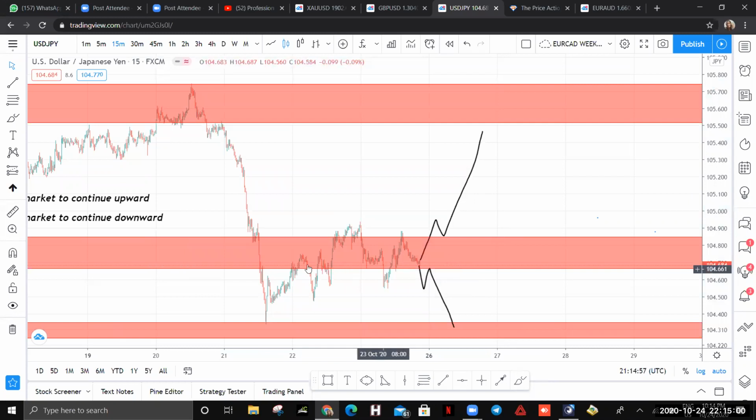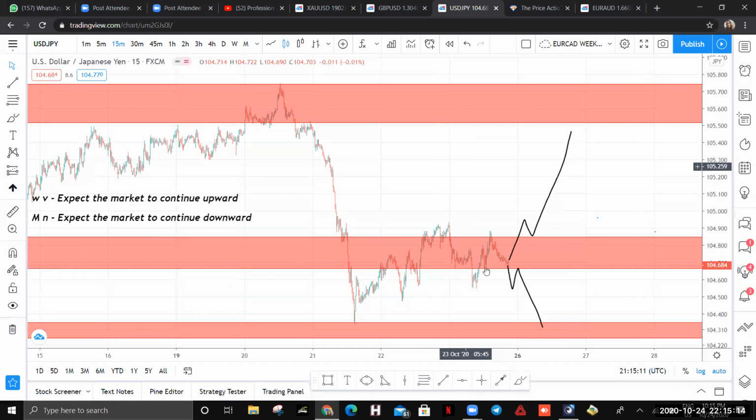For me to know whether this zone is a support zone or a resistance zone, I will wait for price to break out, retest, then I sell. Until I confirm that this Egyptian cone is powerful and this pattern will make the trend continue downwards, I will wait for it to break out here, do a retest, then I'll sell.